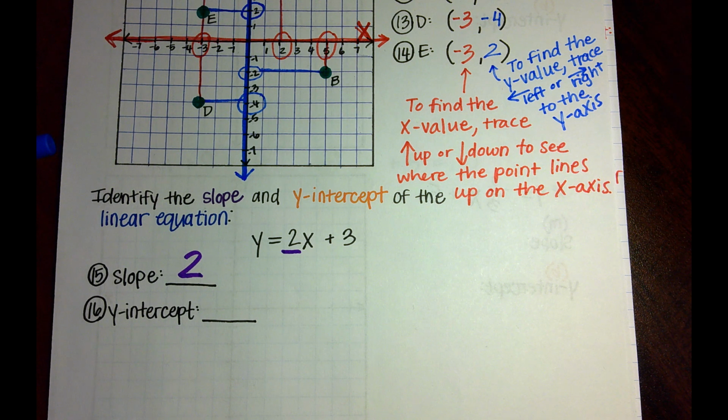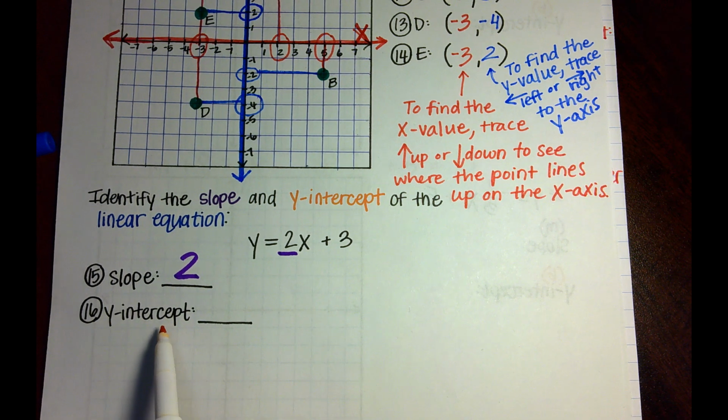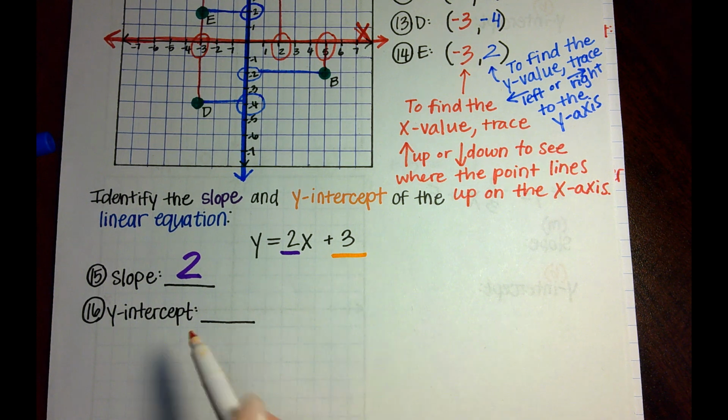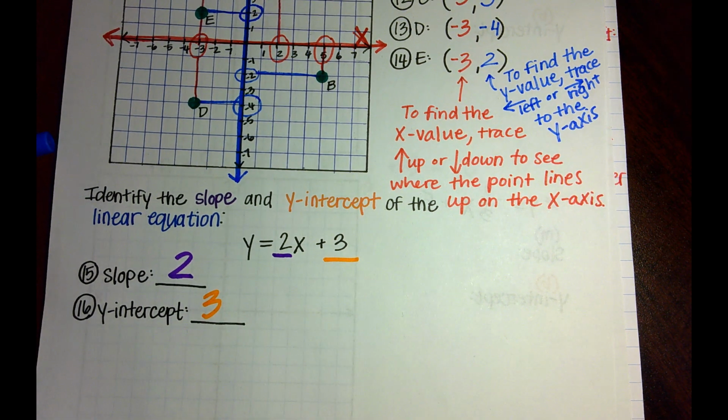That's your answer. Easy peasy. No work needed. Your y-intercept is always the number at the end of the equation. What's the number at the end? 3. That's it. So we'll make a note to help us remember.